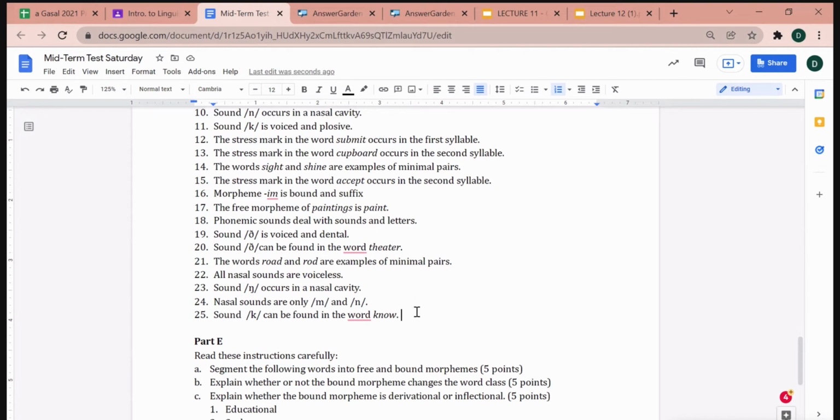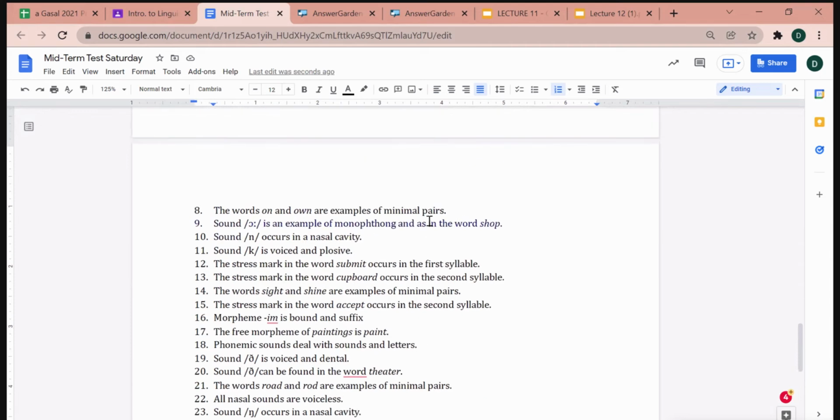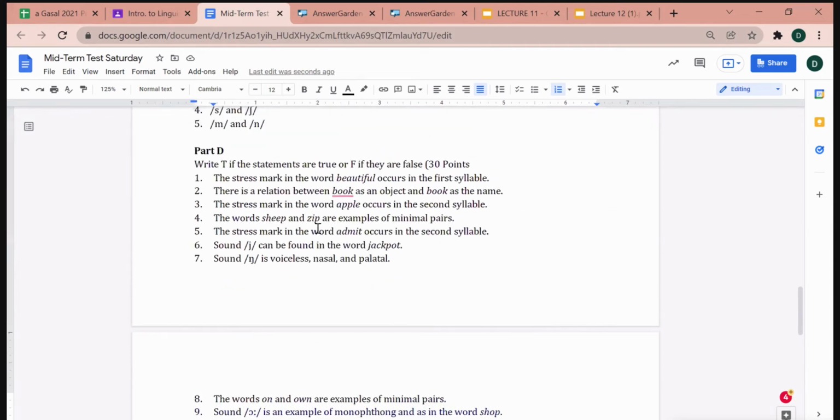But in fact, phonology or phonemic sounds deals only with sounds and not letters. So when you say that K can be found in the word know, the pronunciation is not "know" anymore, but "no". See? That's false. Another example is like number 6, jackpot. In letters, we say that this one is J, but in sound, this one is Y.